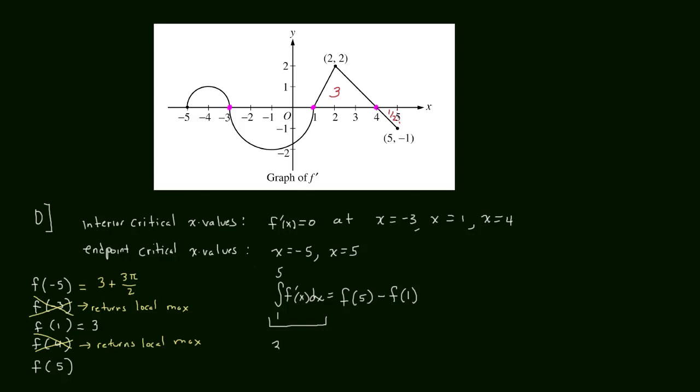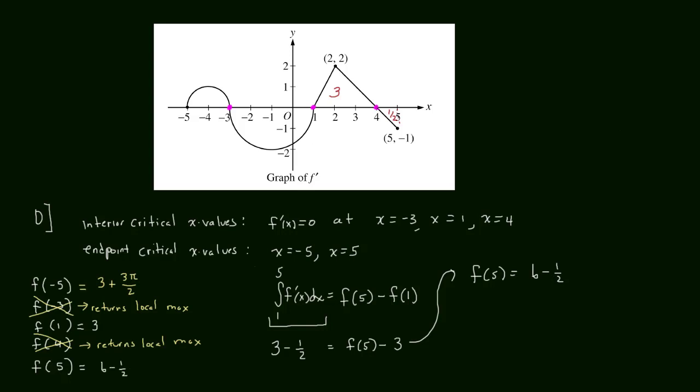And so that'll be big triangle 3 minus little triangle of 1/2 equals f of 5, the thing we're trying to find, minus f of 1, which we know is 3, coming over here. That means that f of 5 is going to equal 3 plus 3 minus 1/2, or 6 minus 1/2. I'll go ahead and write that over here, 6 minus 1/2.